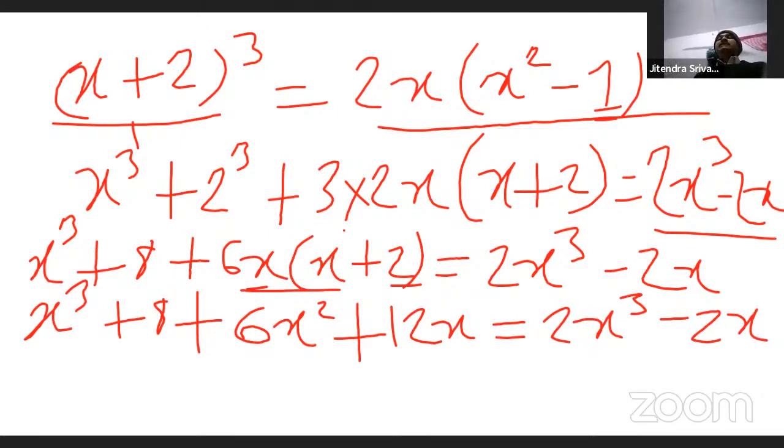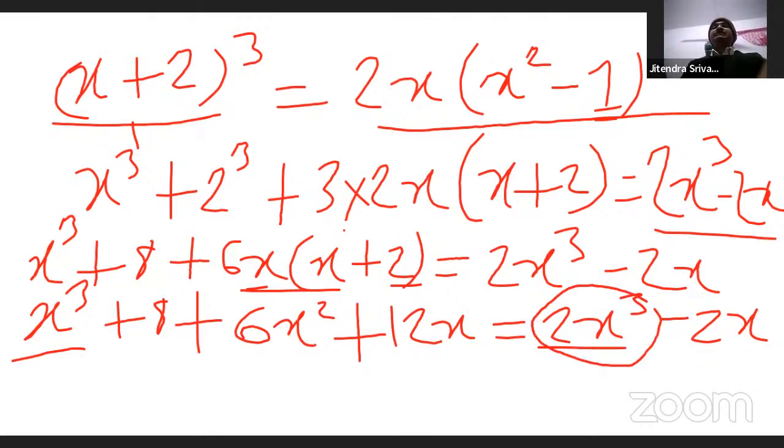So as far as I can see here, this x cube cannot be reduced to 0. We cannot eliminate this x cube. The power of 3 cannot be eliminated. If we will minus this, then also we can see x cube is remaining, either in positive form or in negative form.